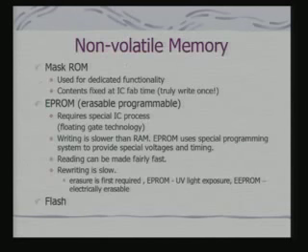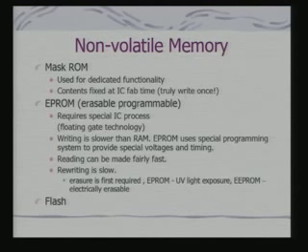Next, we have non-volatile memory. Mask ROM is typically used for dedicated functionality, and it is basically once-programmable ROM, so contents are fixed at the fabrication time itself. EEPROM is erasable as well as programmable, and requires some special IC process because it is based on what is called floating gate technology, again a MOS technology.